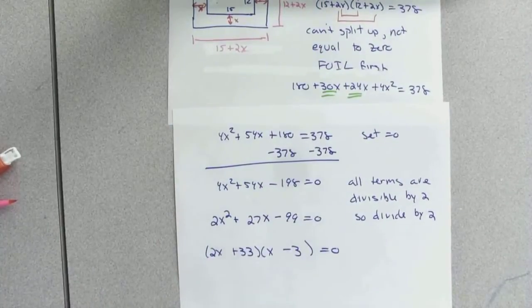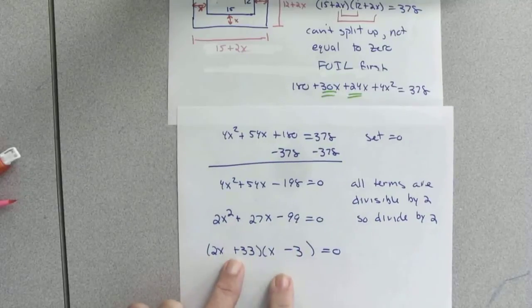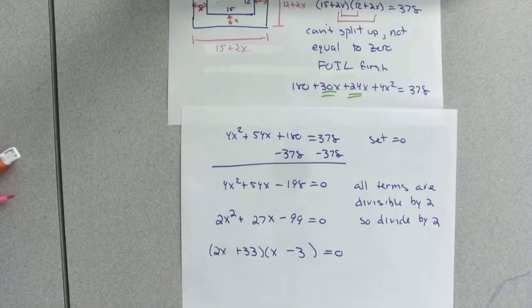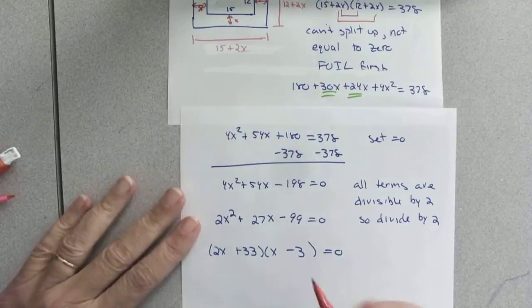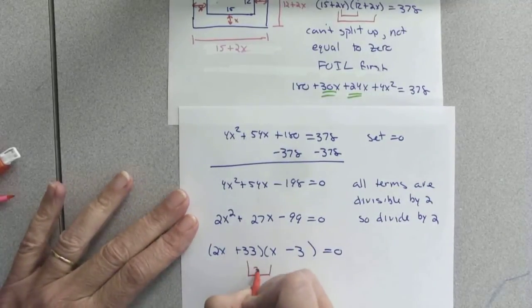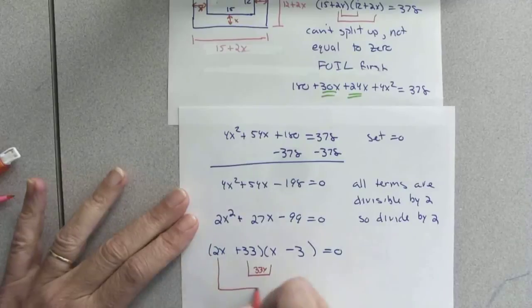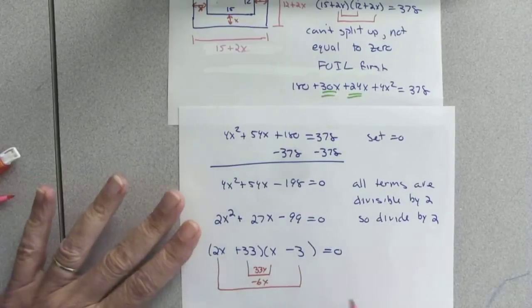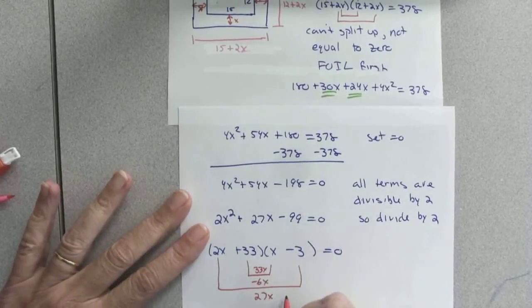Things that multiply to be 99: 1 and 99, 9 and 11, 3 and 33. Then it needs to be negative, so one has to be positive, one has to be negative. Then checking, that's going to be 33x. That's going to be negative 6x, which gives me 27x. The factoring checks.